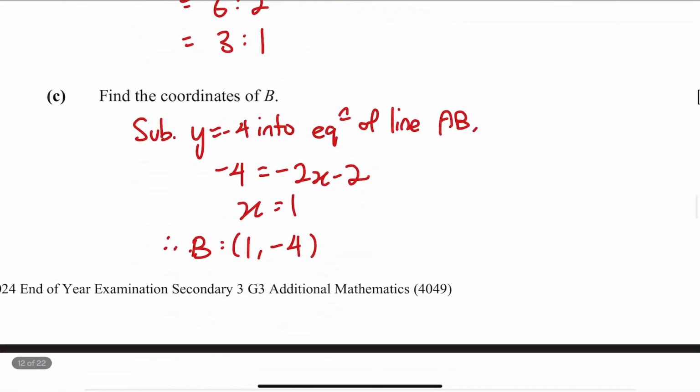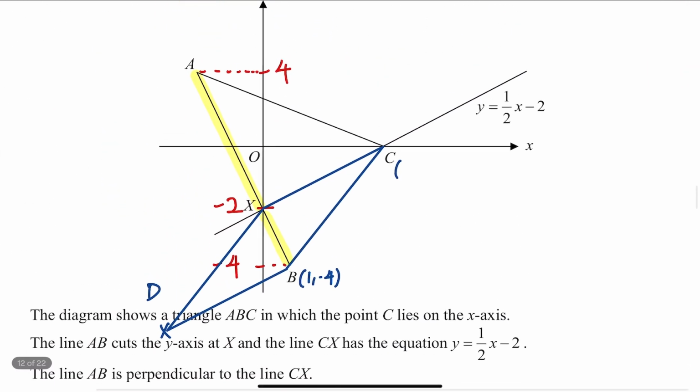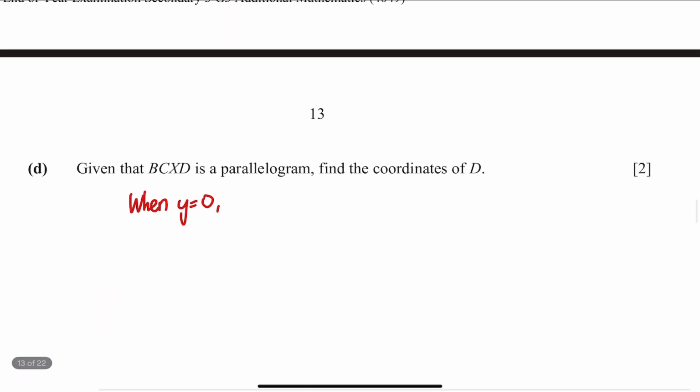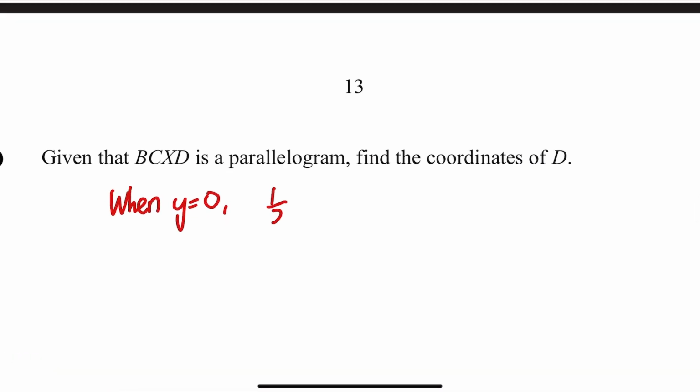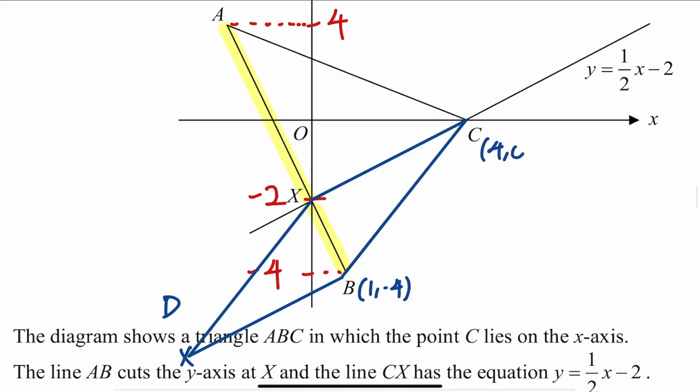So from here, we can write down, when y is equal to 0, for the equation of line CX, not line AB, half x minus 2 is equal to 0. This means x equals 4. So the coordinates of C are (4, 0).